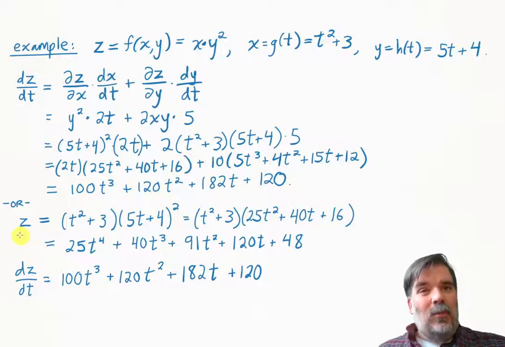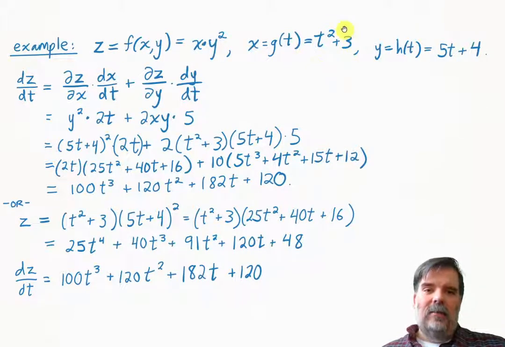Or, here's a second way we could do this problem. z is a function of x and y. We could immediately start by plugging in the expressions for x in terms of t and for y in terms of t into the original function. So we could plug those in, and we have 5t plus 4 quantity squared, so we could expand that out, and then distribute and collect like terms.